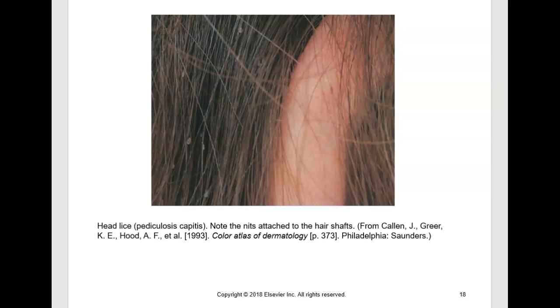Advise the parents to wash clothing, especially hats and jackets, bed linens, any sort of bedding, blankets in hot water, and then to dry them in a hot dryer setting. Dress up clothes, hair ornaments, bicycle helmets, batting helmets, headphones, anything like that should also be treated.